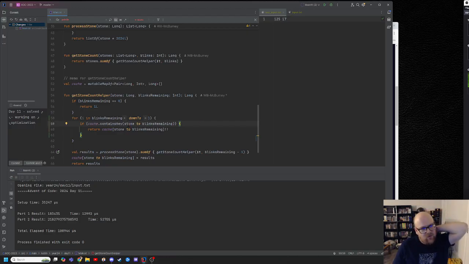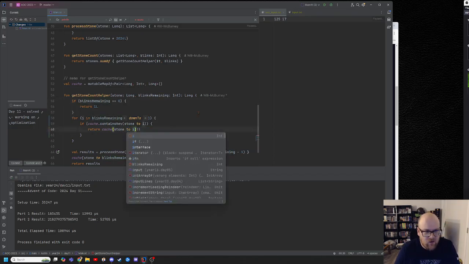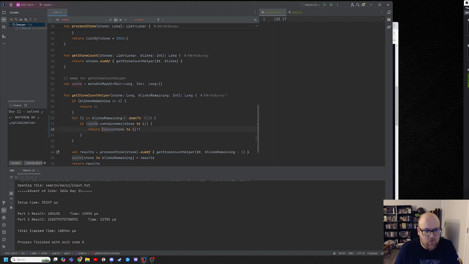So if it contains key stone to I, then I am going to return that cache. But I'm instead going to return get stone count helper of that value, and then blinks remaining minus. And I'm getting a vastly different result now.